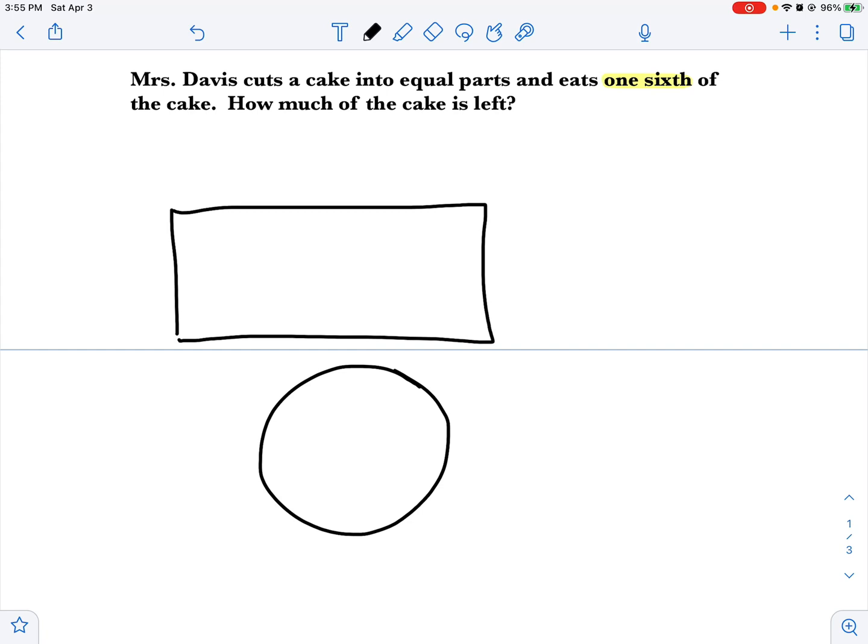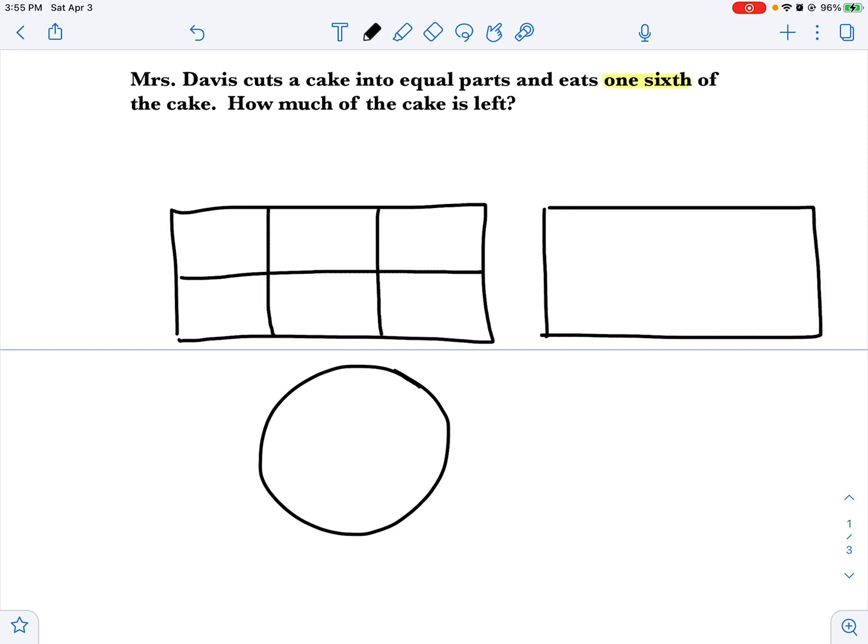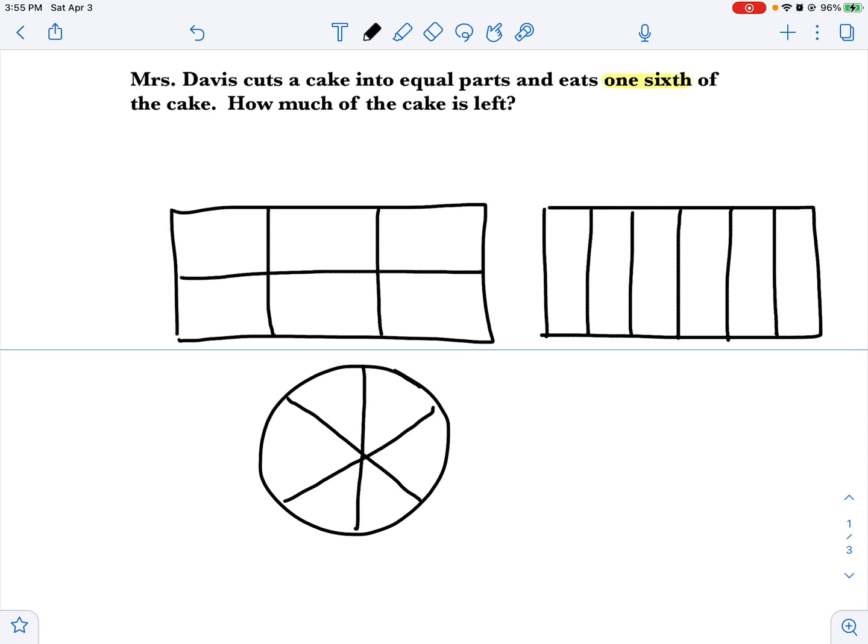Yeah, I need to break it into sixths, right? So I could break my cake into sixths like this. I could have broken it into sixths like this if I wanted to. Just have long, skinny pieces. It doesn't matter, right? And I can break my cake into sixths like this if it's a circle.